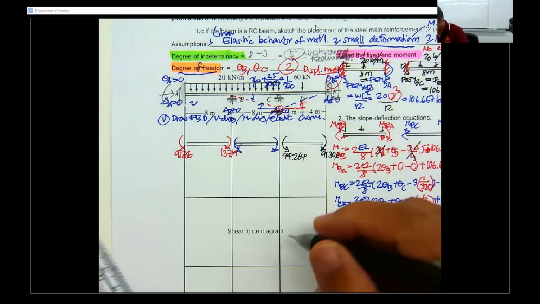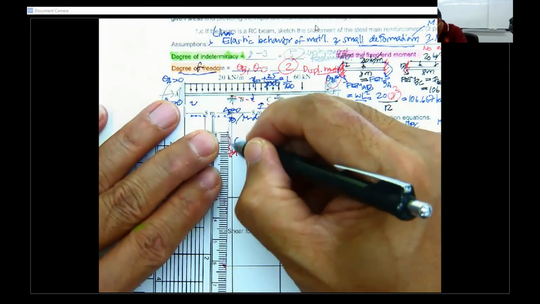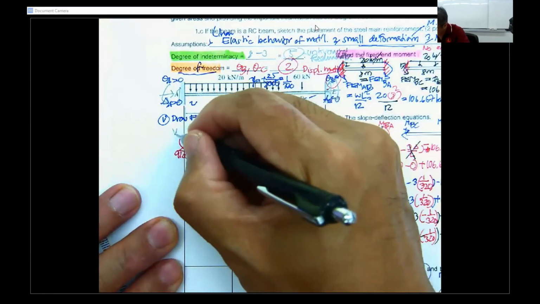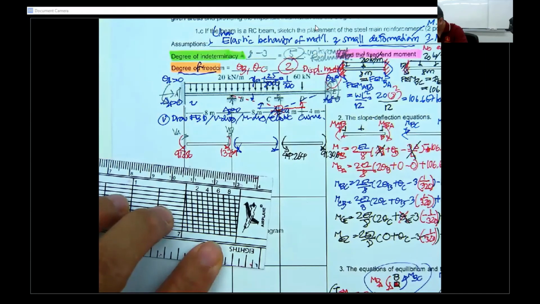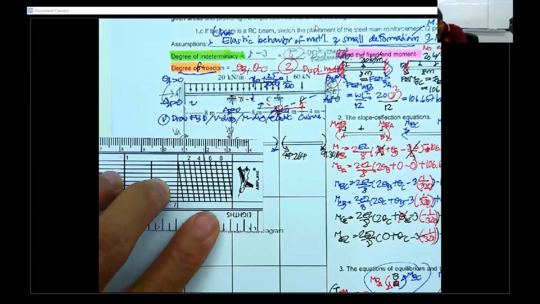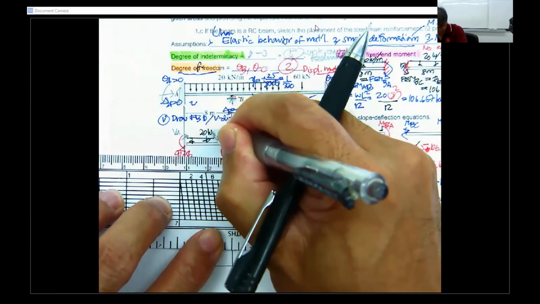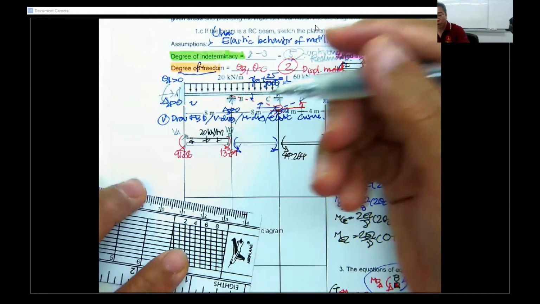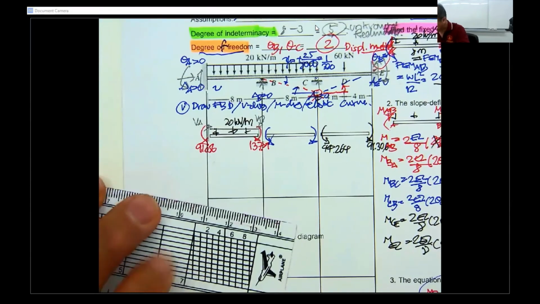Over here, let's say we're going to have the force here. That is going to be V sub A, and this is going to be V sub B, and this beam is subjected to 20 kilonewton per meter. You are looking for the shear force.